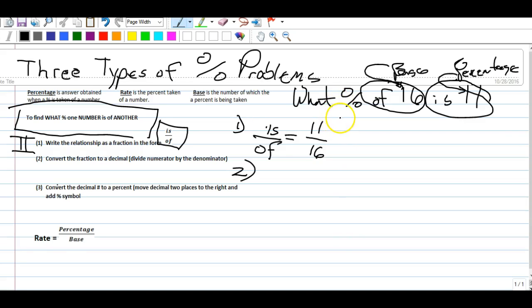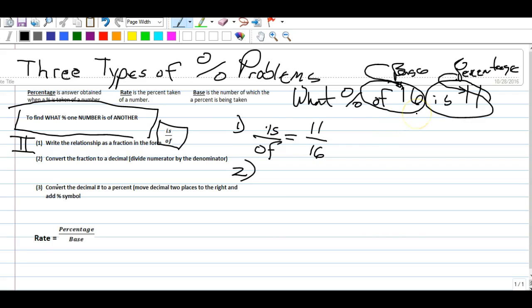So this is just like taking, as we had studied previously, a fraction and converting it to a percent. You go fraction, decimal, percent. So what I'm going to do is write the relationship here, when I'm trying to find what percent one number is of another, as a fraction in the form is over of.